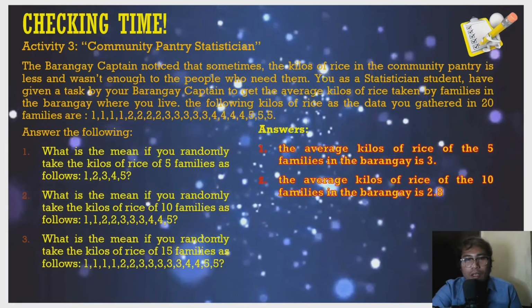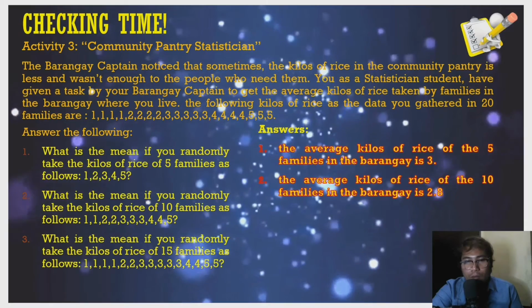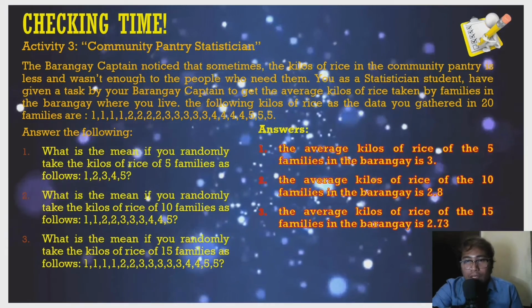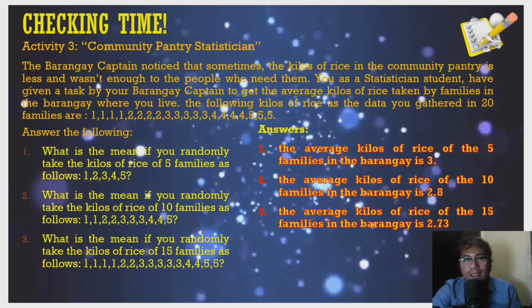Add all those numbers and divide by 15. The average kilos of rice of the 15 families in the barangay is 2.73. I hope you got all the correct answers for these 3 questions.